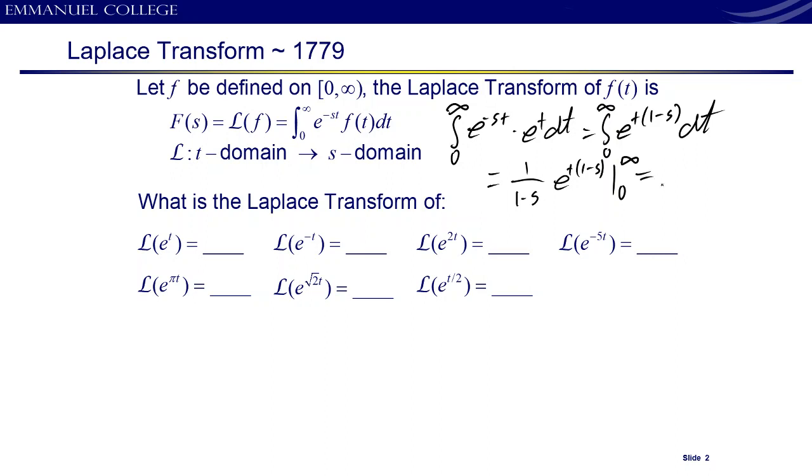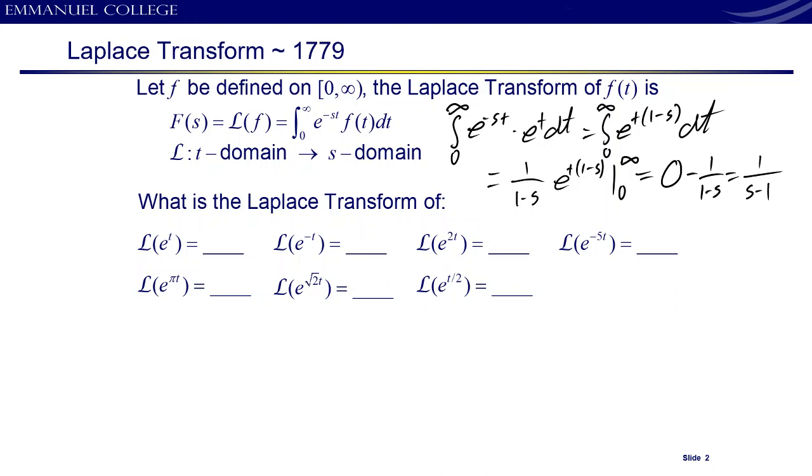Now we're going to assume this stays a negative coefficient here. So we can say that this first part goes to 0, and then we just get minus 1 over 1 minus s. But instead of leaving it like that, I'm just going to distribute the negative to the denominator, and I'll get 1 over s minus 1.